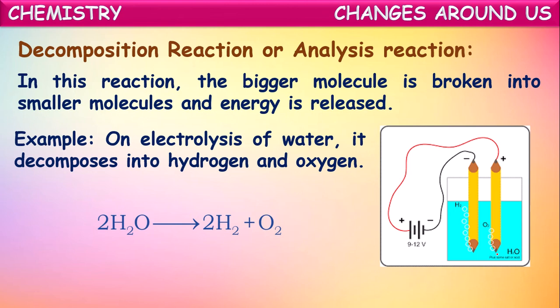That is why this process is called electrolysis. So here one molecule splits into two simpler molecules. That is why it is called a decomposition reaction. Decomposition means splitting. Analysis also represents splitting. So here one substance splitting into two or more smaller substances is called a decomposition reaction or analysis reaction.